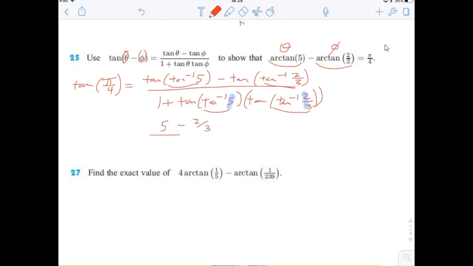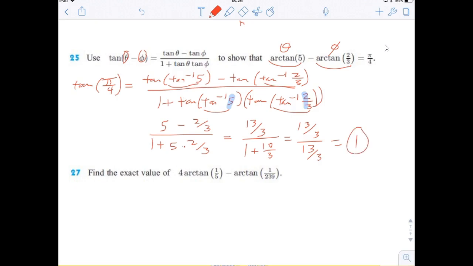And on the bottom I have 1 plus 5 times 2/3. So the top would be 15/3 minus 2/3, which is 13/3, and the bottom would be 1 plus 10/3, which is 3/3 plus 10/3, which is 13/3, which is equal to 1.